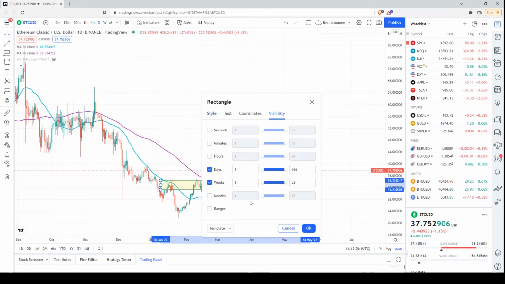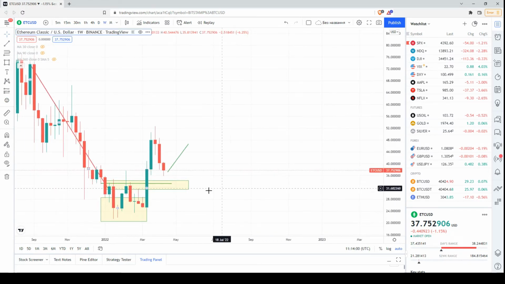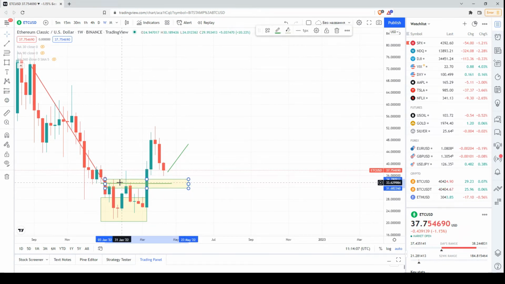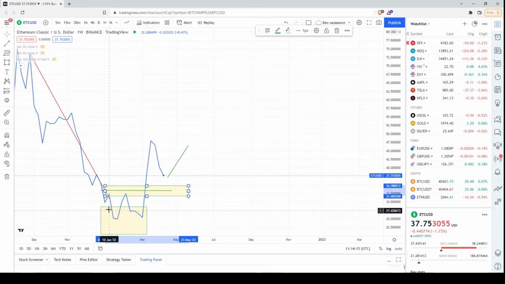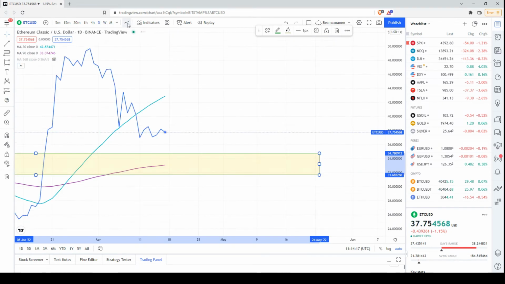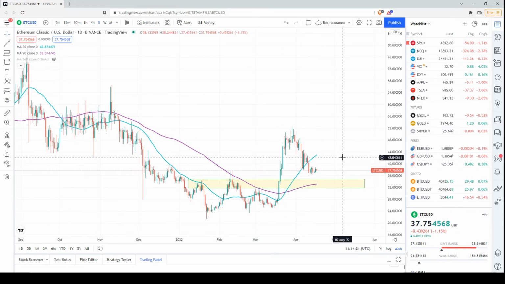So let me change the visibility and switch to the weekly chart, and we will see that the 3-month moving average, or 1 quarter moving average, is exactly at the level of this support line that I highlighted in the linear chart, that is between the double bottom. So fellas, this is a very important moment for the price chart of Ethereum Classic.